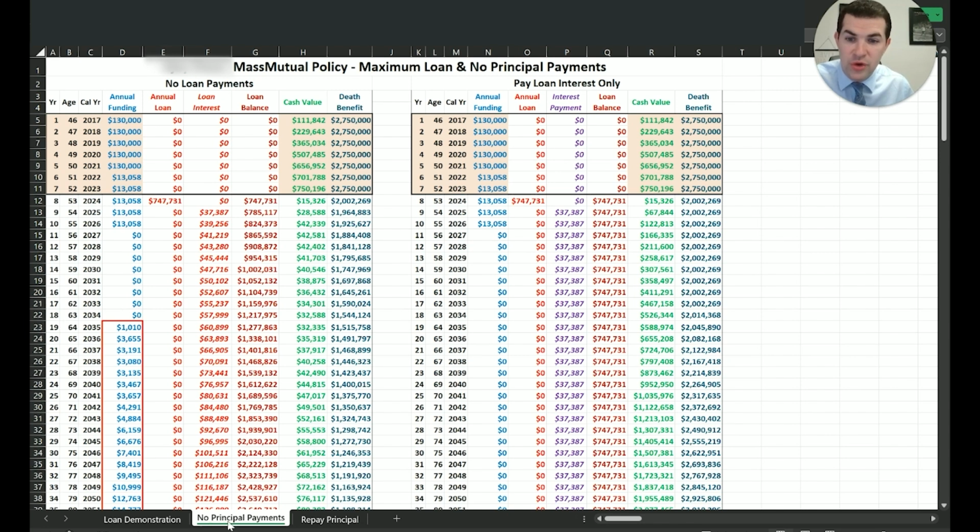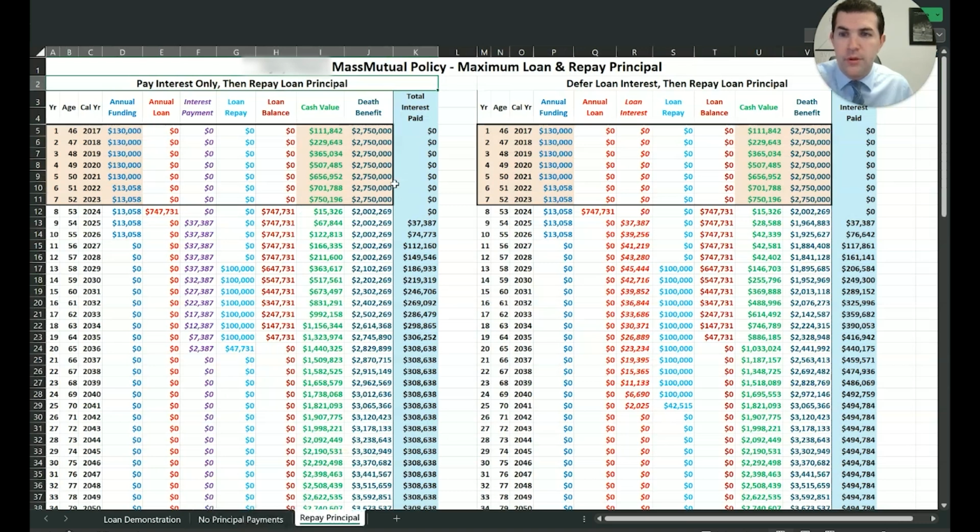But again, these two illustrations on tab 2 are meant to demonstrate what things look like if you make zero principal payments. And then tab 3 displays what things look like if you repay the principal. And here's what I want to hit on here. The first illustration, we've got pay interest only, then repay loan principal.